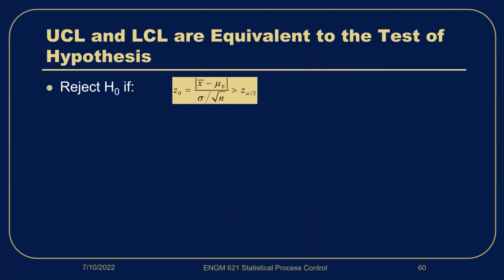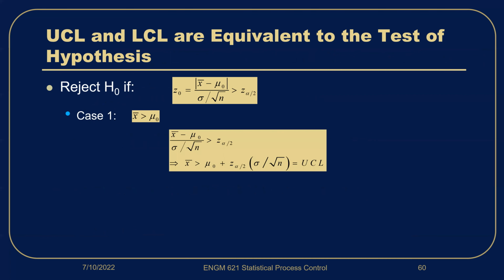In control charts, the upper and lower control limits, UCL and LCL, are equivalent to the two critical values in the hypothesis test. The upper control limit is the process mean plus the z value at half alpha confidence times the standard deviation.